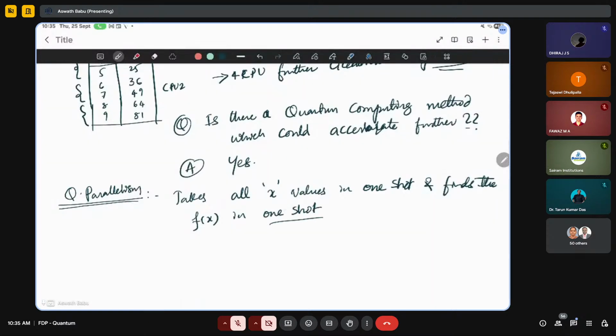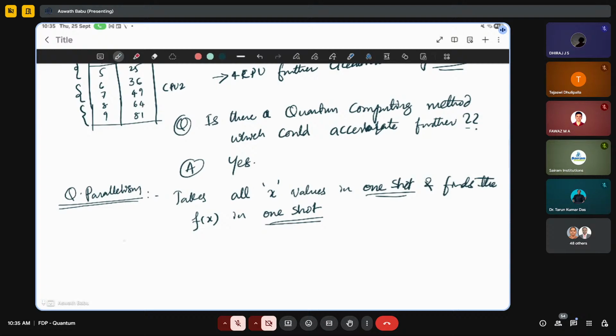Very important. It takes the values in one shot, calculates values in one shot. Since it is probabilistic in nature, you might need to run each iteration several times to find the answer. But for sure, all the x values are taken in one shot and fed to the system, and the system would give you the functional value in one shot. That is a very commendable thing, right?